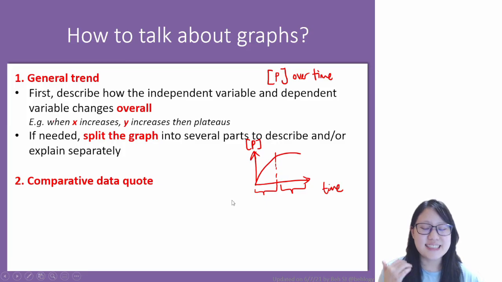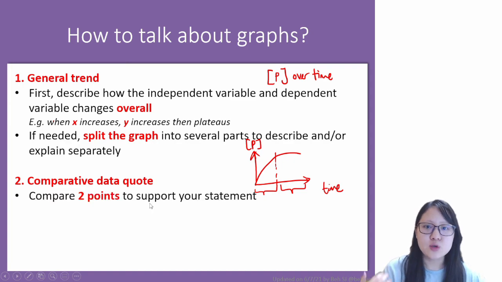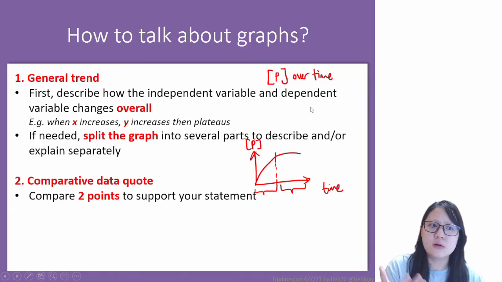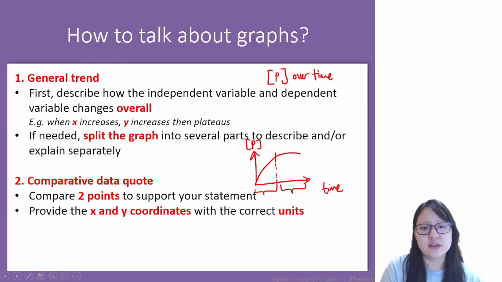And the next thing that's needed here is a comparative data quote. Yes, they don't want you to quote every single point, but they want one quote, not lengthy, to support your previous statement. For example, you said product concentration increases over time. So tell me, what points exactly show this?